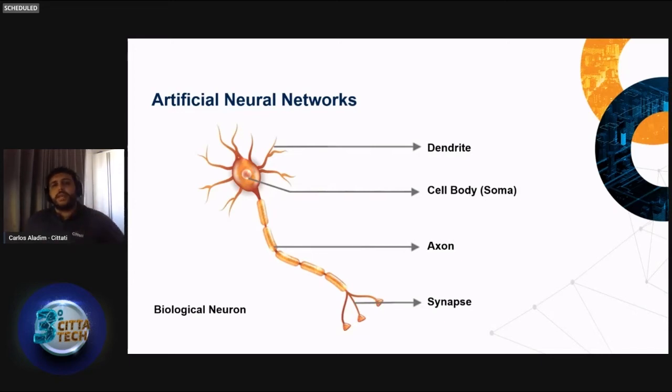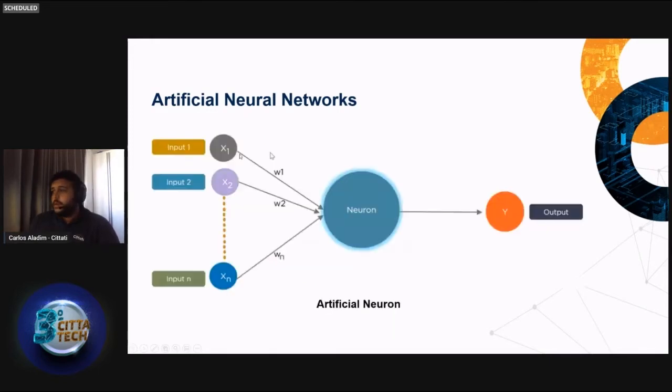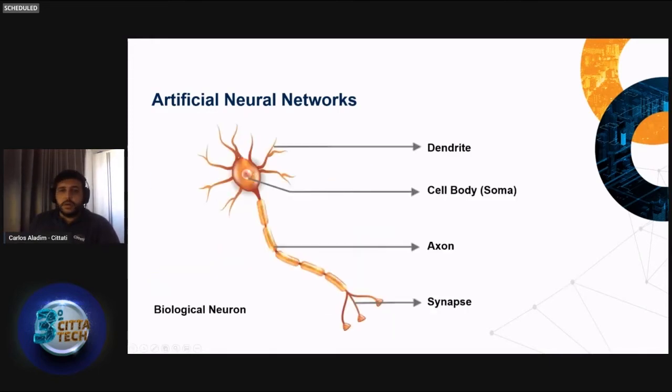Now let's understand the basic parts of a biological neuron. We have the dendrites, which are responsible for getting incoming signals from outside. We have the soma, also called the cell body, which is responsible for processing the input and deciding whether a neuron should fire an output signal or not.